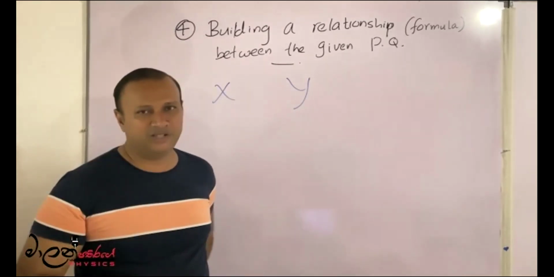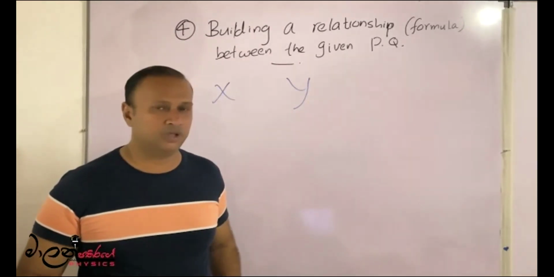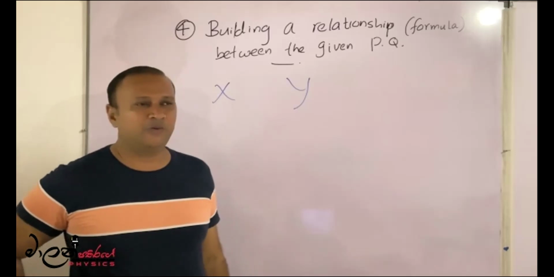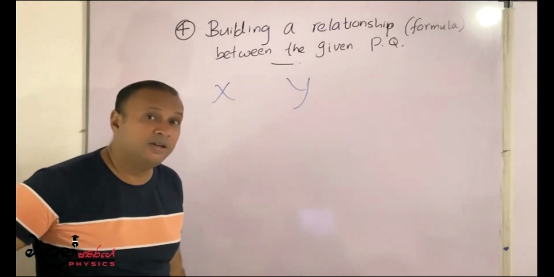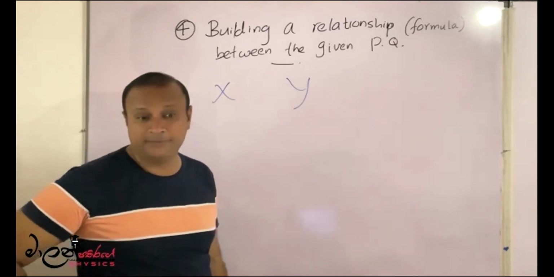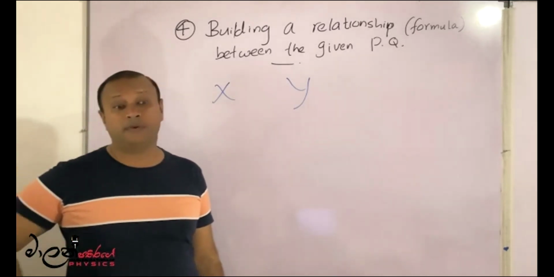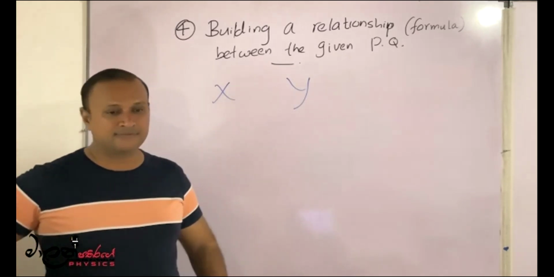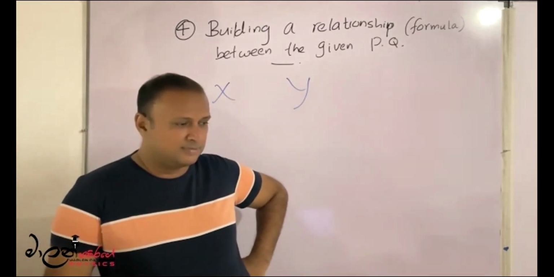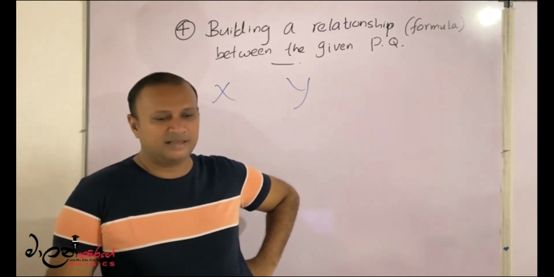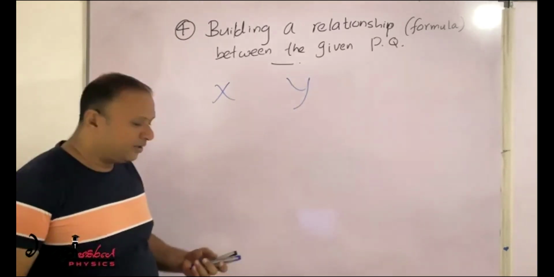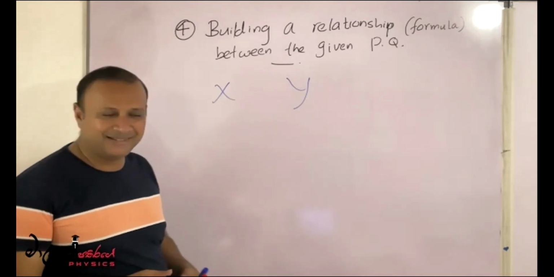What is the definition of direct proportionality? If one quantity increases, the other quantity also will increase according to the same ratio. Any other alternative suggestions?